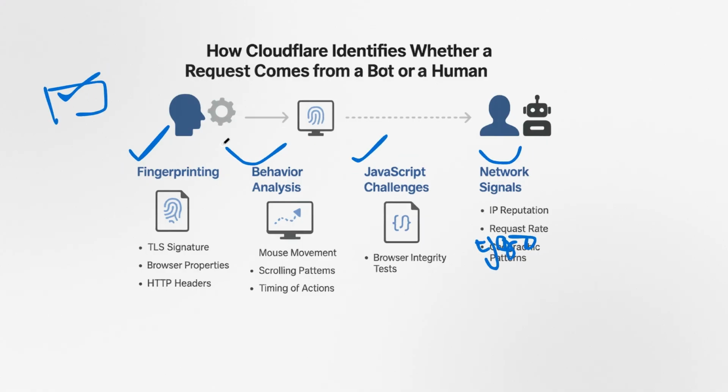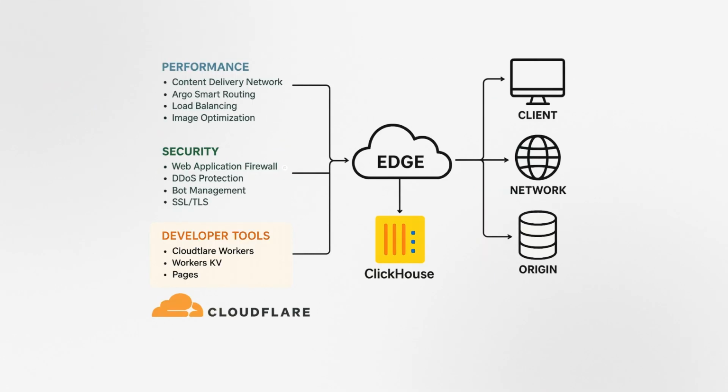Now let's come to how the issue in Cloudflare broke the internet and caused a massive outage. All these definitions, fingerprinting, behavior analysis, JavaScript challenges, and network signals, are stored in the Cloudflare DB and are called features.